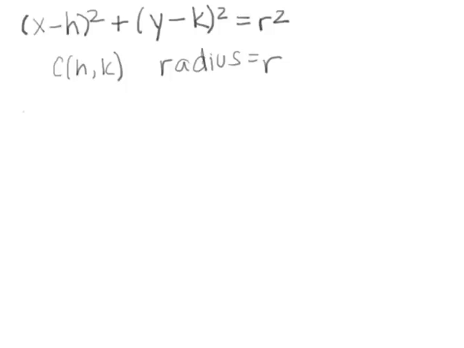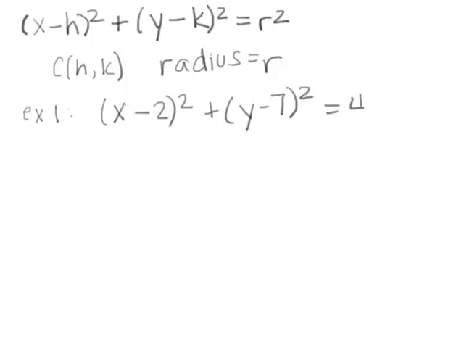Let's go ahead and take an example. We'll have 6 of these, and they should not take very long, actually. Let's say I have an equation like this. It is the quantity x minus 2 squared plus the quantity y minus 7 squared equals 49.